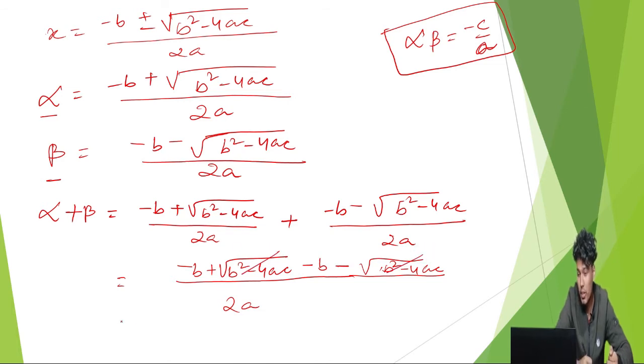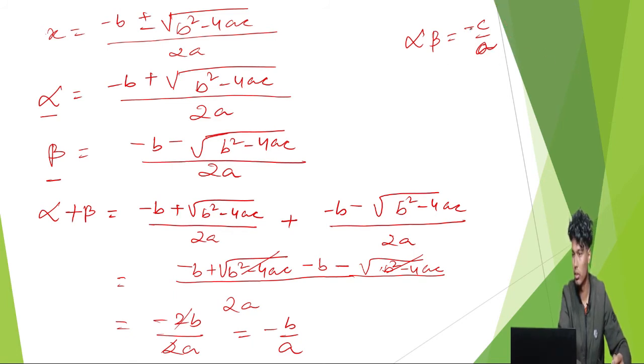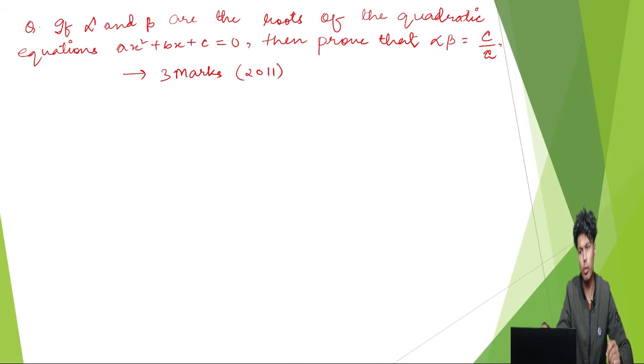Minus b, it is minus 2b by 2a. So 2 cancel, it is minus b by a. So alpha into beta is c by a and alpha plus beta is minus b by a, if I'm not wrong. Okay, that's all. You have to understand this.